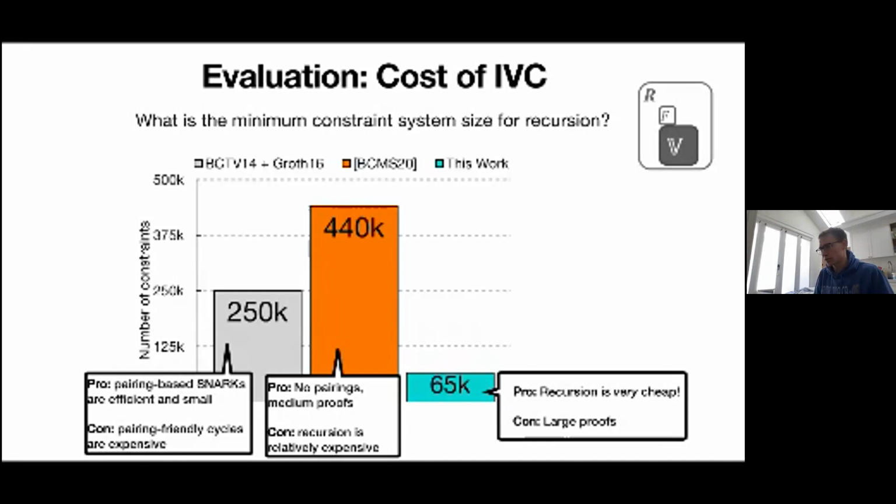What I presented was the special case protocol for IVC, where you can get down to, as Pratyush was saying, 3 scalar multiplications. This is the general case protocol with n equals 1, m equals 1, and that is not quite as efficient. So that's probably 7 or 8 scalar multiplications.